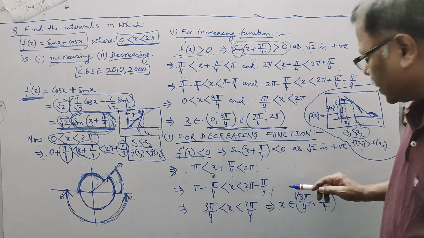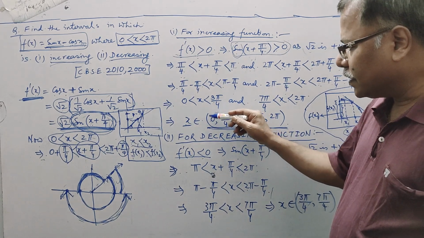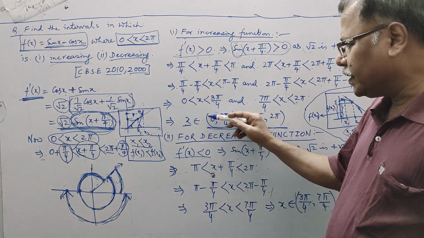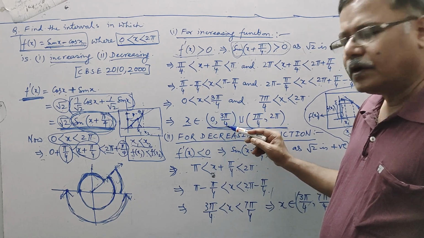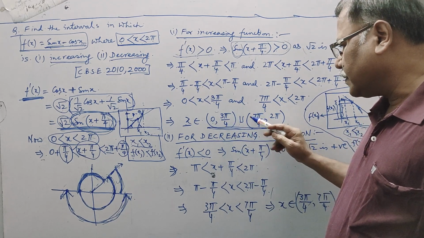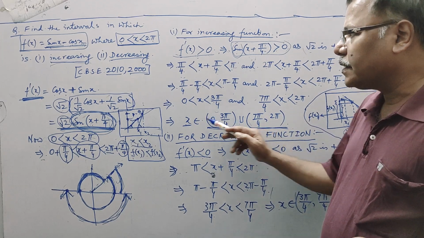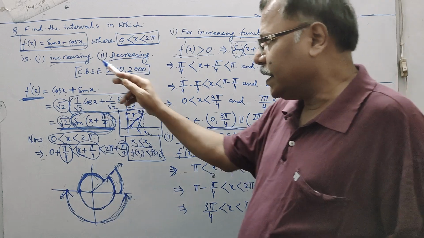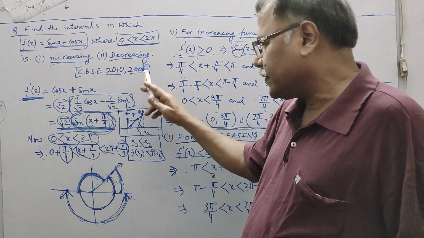One more thing, let me just explain here itself. This bracket sign, you can see, is showing that 0 and 3 pi by 4 are not included. Similarly, this one is not included, 2 pi is not included. Means the question is actually dealt with as strictly increasing and strictly decreasing.